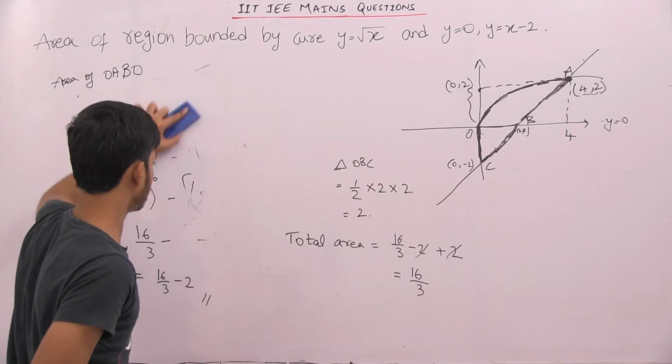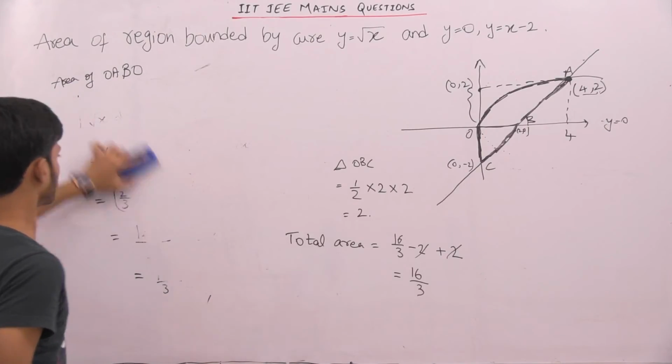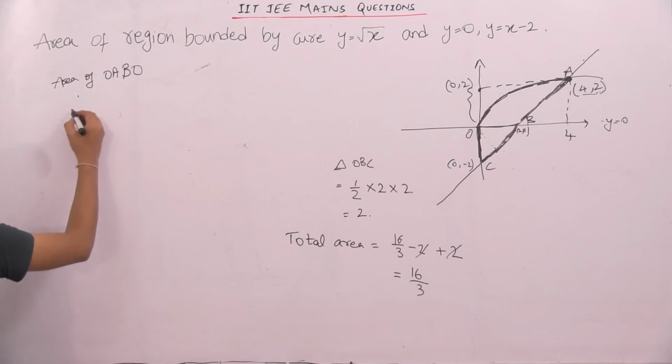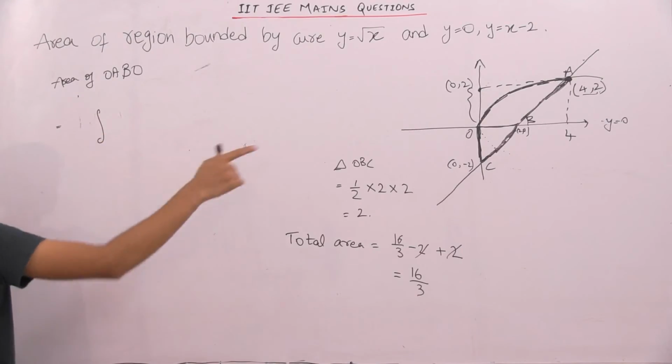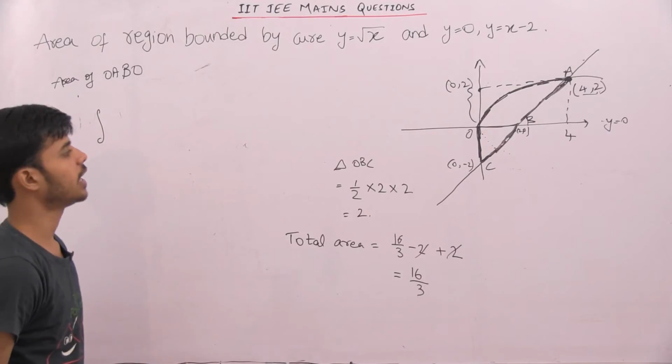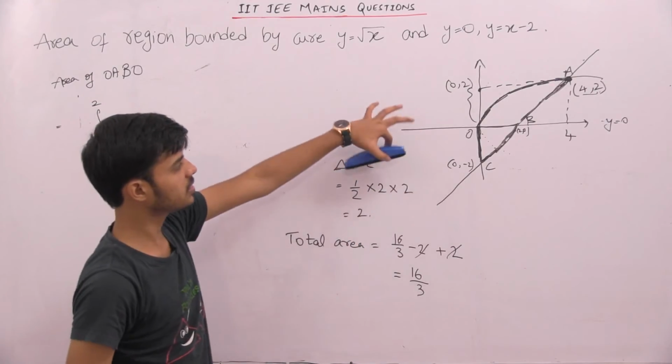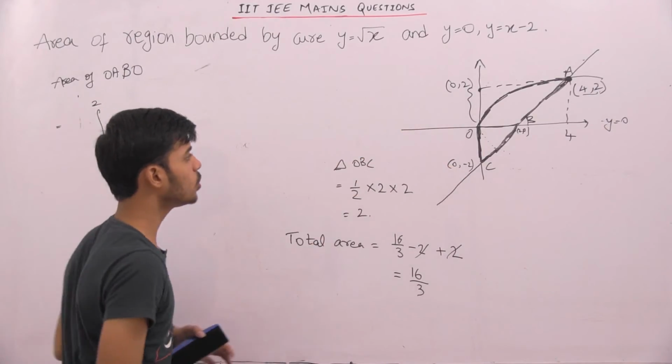So let's write the area of OABO as the integral along the y axis from 0 to 2, because we have both the curves in the entire region from 0 to 2.